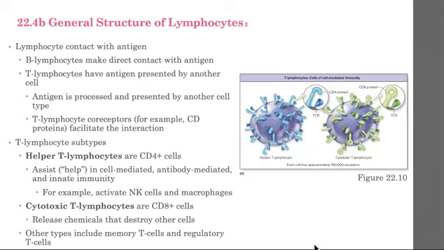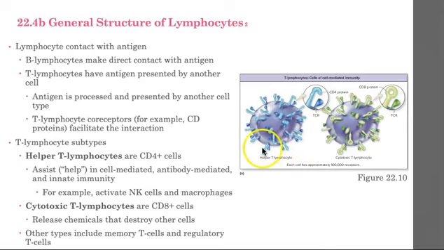So our B cells are the ones that make a direct contact with the antigen. With our T cells, they have to be presented the antigen by another cell. So within these cells that present it, the antigen is going to be processed and presented. The T cells then have co-receptors. And these are our CD proteins, as far as the ones that we're going to talk about, that will help to facilitate the interaction.